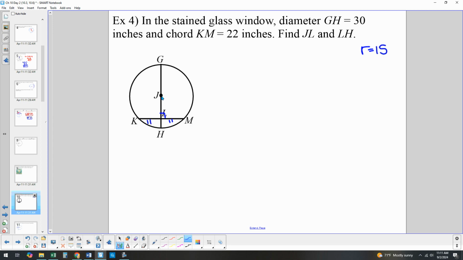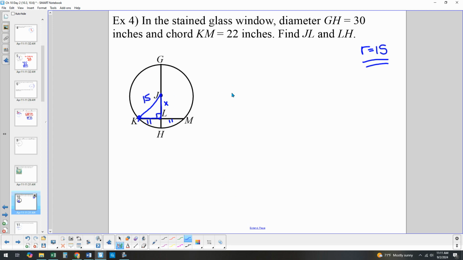Let's start by saying we want to find JL. I'm going to move my little right angle symbol to the other side. I can create a right triangle by introducing another segment. What I've just drawn is a radius, and every radius in this picture is 15. It didn't matter where I drew it. It could go to any point on the circle, but if I drew it to K or to M, I've created a right triangle for myself, and I can use the Pythagorean theorem to find the missing side.